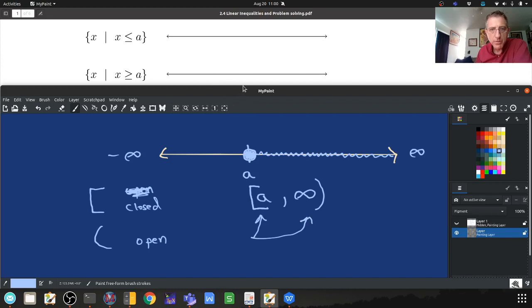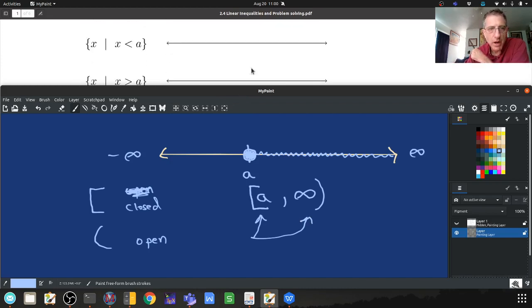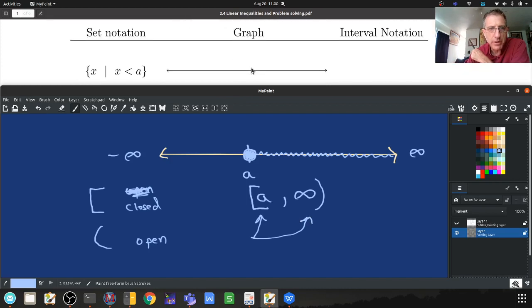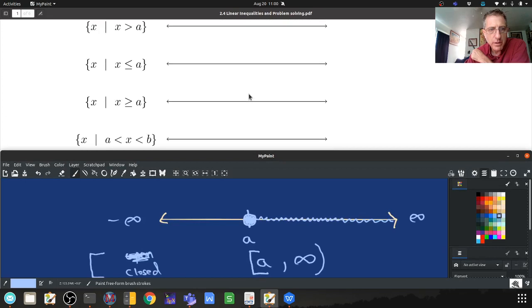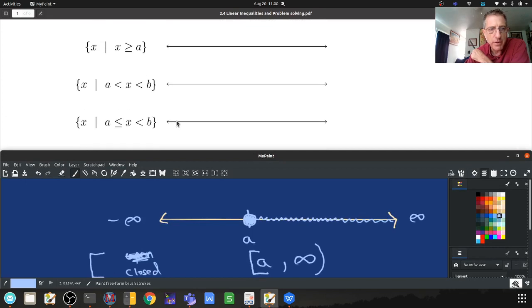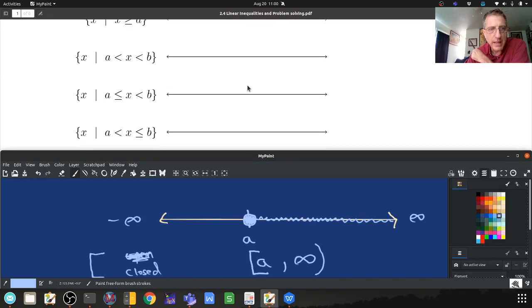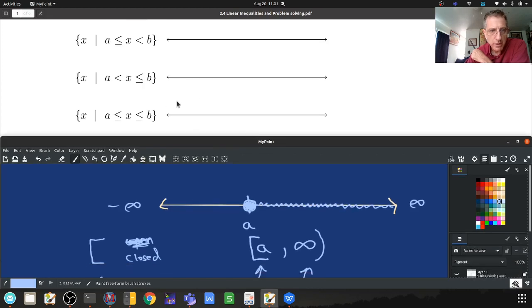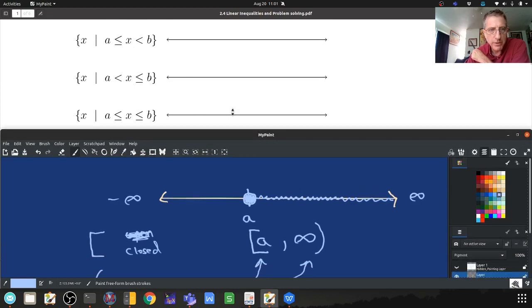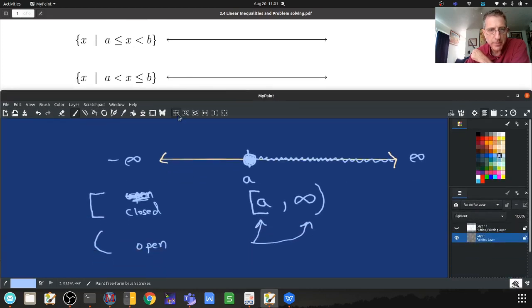Let's just do one more example, and then we're going to go on. All of these are written out in the book. Yeah, let's do both of these last ones. Maybe we'll just do these two right here.